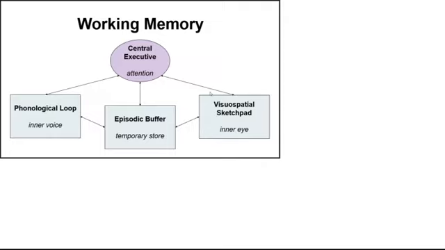So this is going to be a temporary storage, but specifically looking at, like when we talk about episodes, sort of a time component. So this is when, say you get directions. So not only do you have to remember what words you were told, you have to remember what order you were told them in. So you turn right and then left. So you keep that order of the events in your mind. So the episodic buffer holds on to order of events.